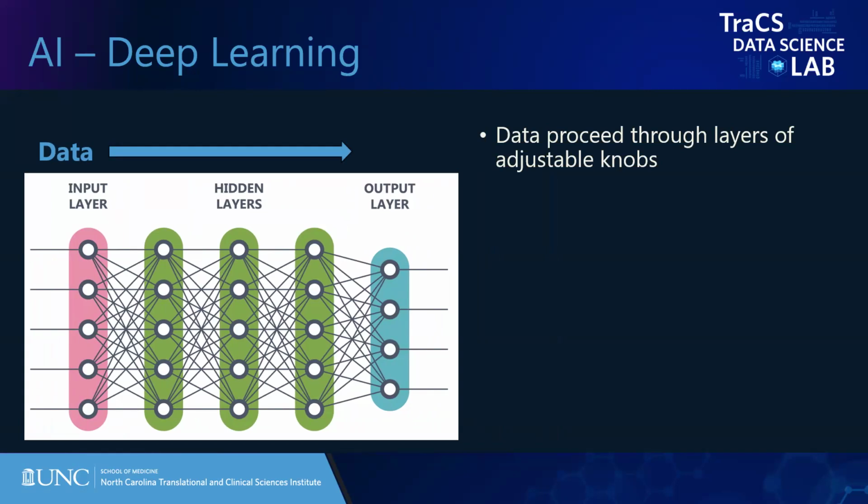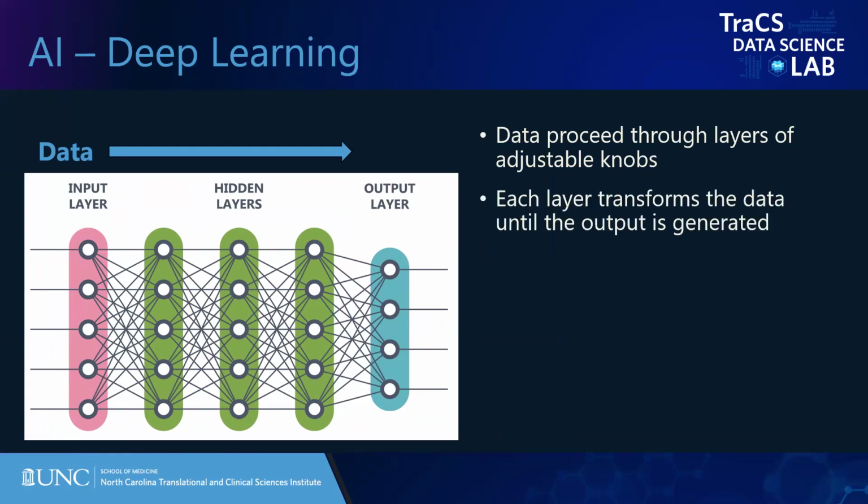So you can think about the input data as proceeding through these layers of adjustable knobs from left to right. And then each layer performs some transformation on the data until they reach the output layer. And so the layers have been designed so that by the time you get to the output layer, it's produced whatever the model is supposed to output. So some kind of prediction or classification.